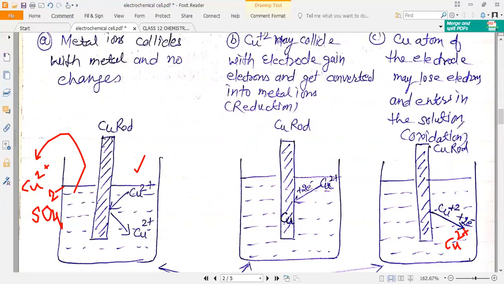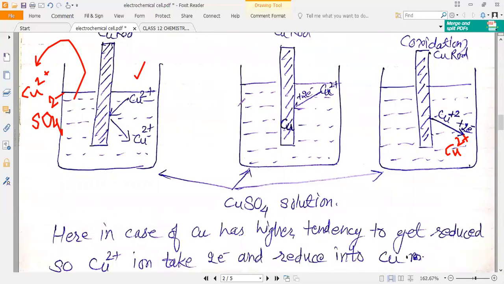Here three situations may be possible, but situation B is applicable in the electrolytic cell, because copper has a very high tendency to get reduced and not oxidized.